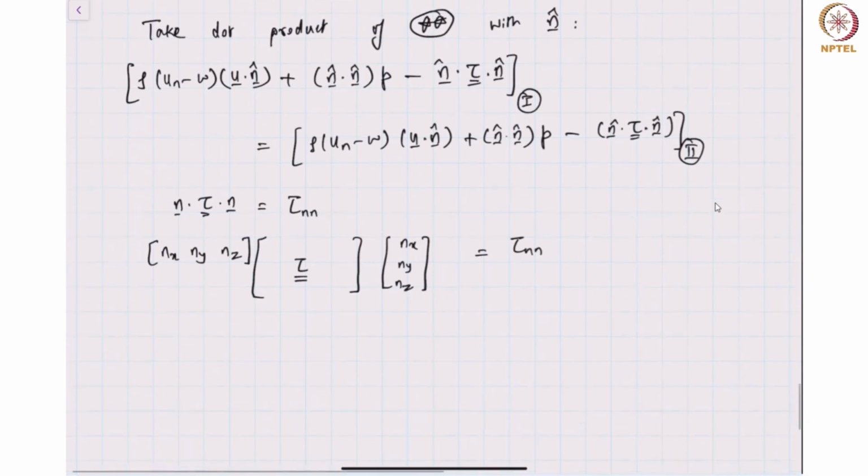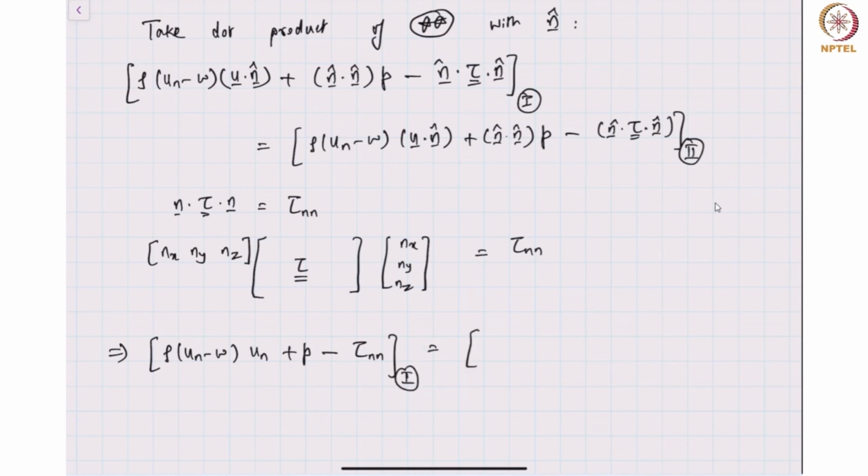So now if I were to simplify this, I have rho (un minus w un), which is the normal component of the velocity, plus p minus tau nn over region 1 is equal to rho (un minus w un) plus p minus tau nn over region 2.